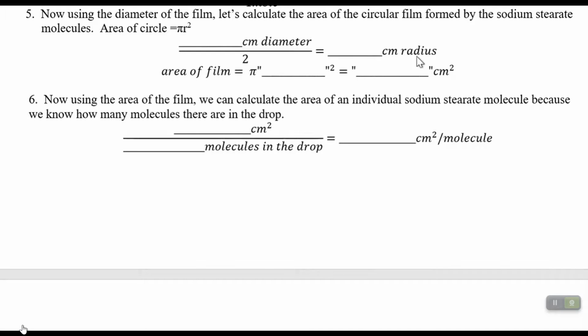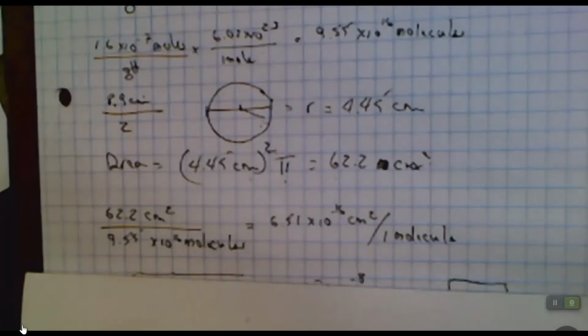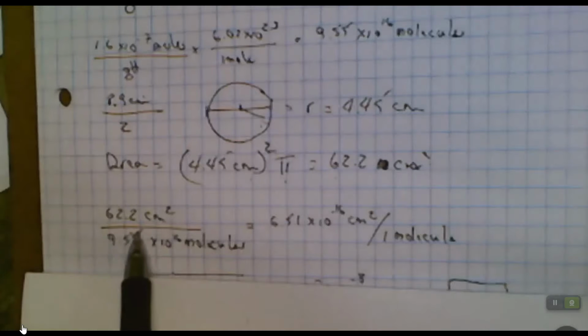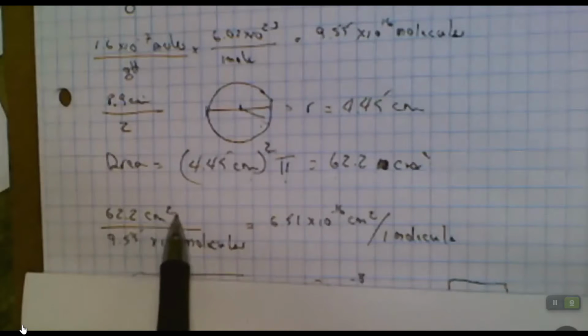And now that we know the area, I'm going to take that number and put it right here. That's the area of my film, and I'm going to divide that by the number of molecules in the drop, which we just calculated. So in my case, my area is 6.22 centimeters squared.